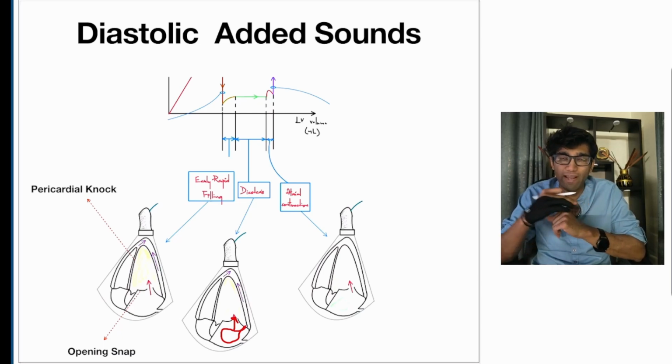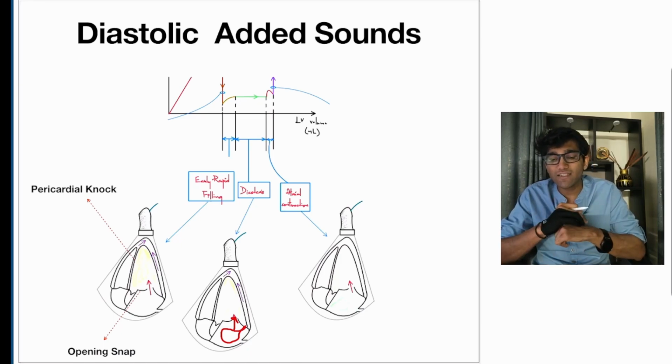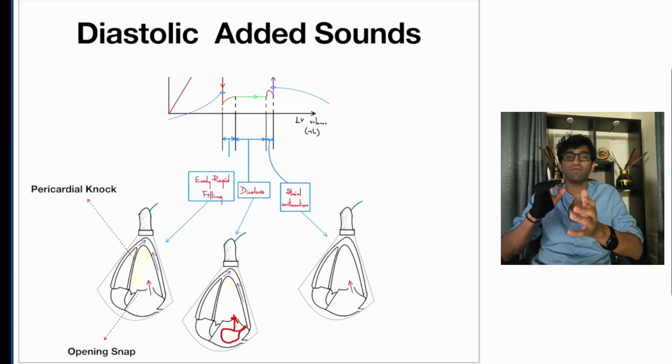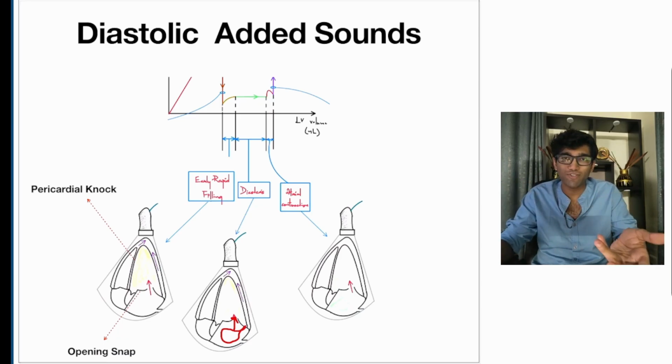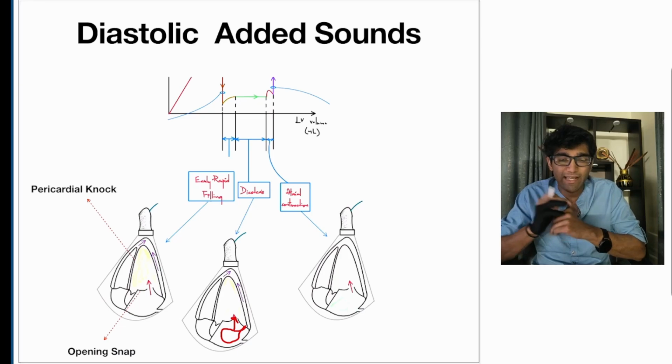When it suddenly closes off the lumen, that produces a sound, and that sound is called a tumor plop. Depending on the patient's position, whether it happens or not, and when, will change. So it's a positional change, and it can happen during early diastole, though usually it happens during mid to late diastole. So that is your tumor plop.